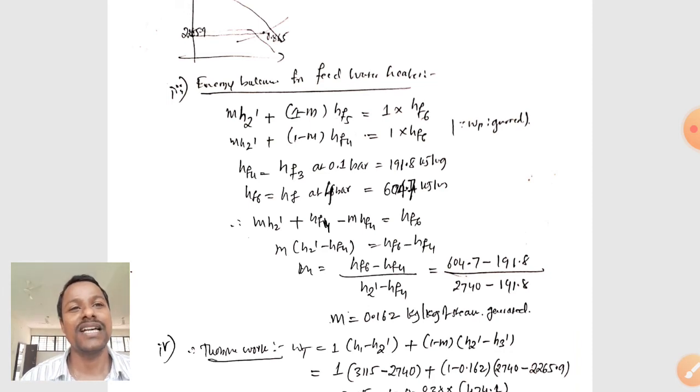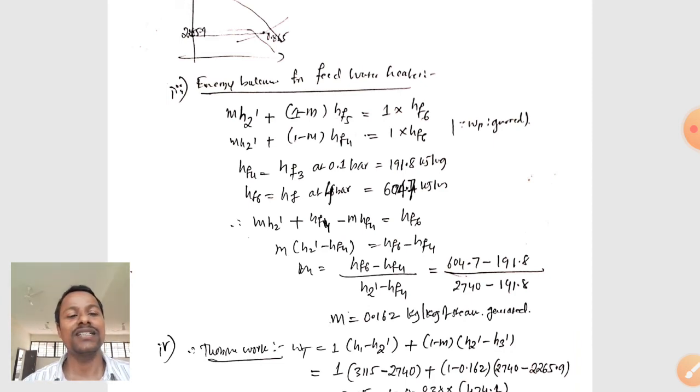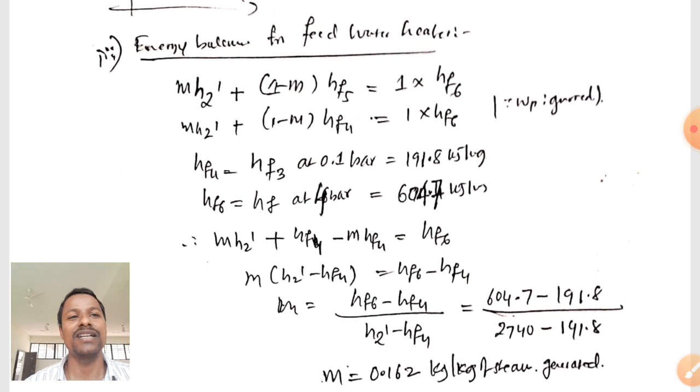In the third part he has asked us to calculate the mass of the steam bled at state 2. For that, we know from the thermal analysis in the theory for the regenerative Rankine cycle, we apply the energy balance for the feed water heater to calculate the value of m.